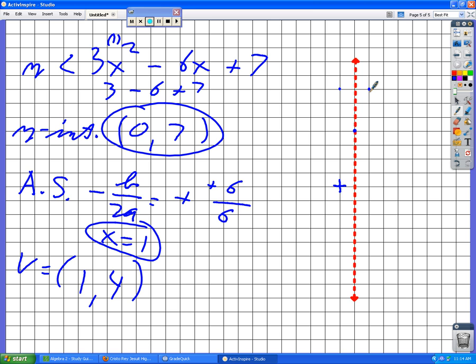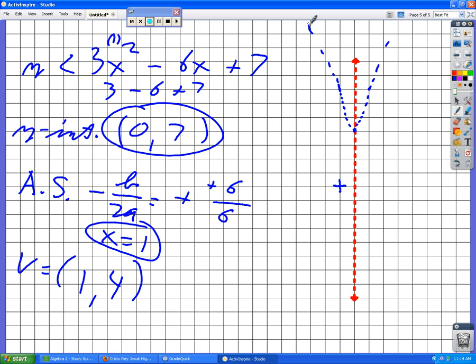Again, it's not hard. We've already done it. We just haven't done this kind of problem before. There's no equal sign, so it's a dotted line. Something like that.